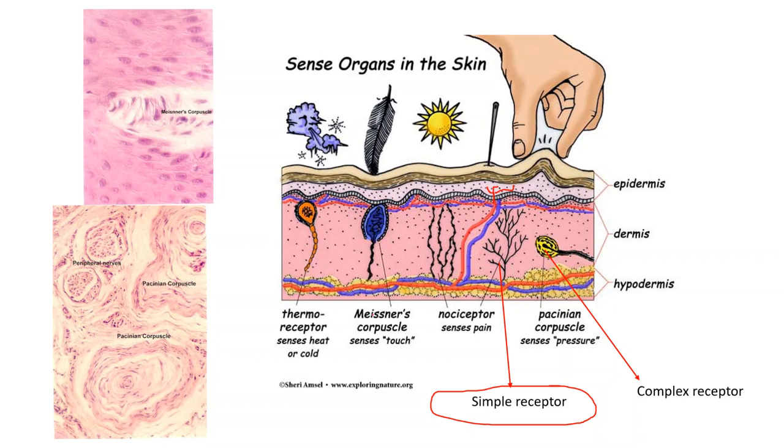Whereas things like the Meissner corpuscle and the Pacinian corpuscle, we talked about when we discussed the dermis. The Meissner corpuscle, if you remember, looks like cotton candy. And this is a Pacinian corpuscle. These are some of the histologies that I presented to you about these receptors present in the dermis. And things like the Pacinian corpuscle are complex receptors. You see that they have a special capsule around them.